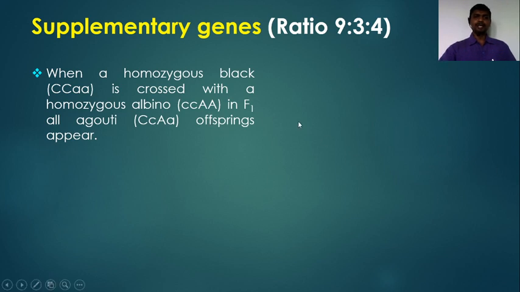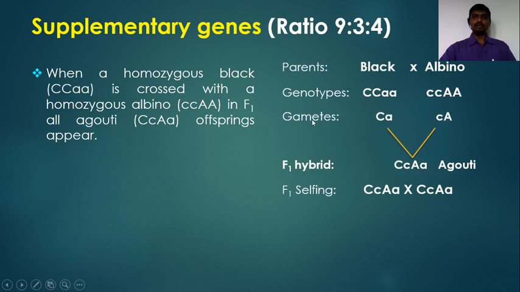So when a cross is made between black and albino mice, the genotype of the black mouse is capital CC small aa, while the albino mouse has a genotype of small cc capital AA. The black parent produces gametes capital C small a. The albino parent produces gametes small c capital A. When these gametes fuse during fertilization, it produces the F1 hybrid having genotype capital C small c capital A small a, and the phenotype is agouti.